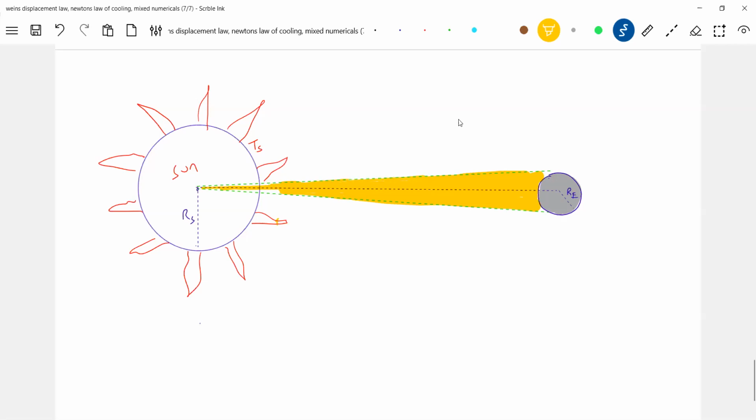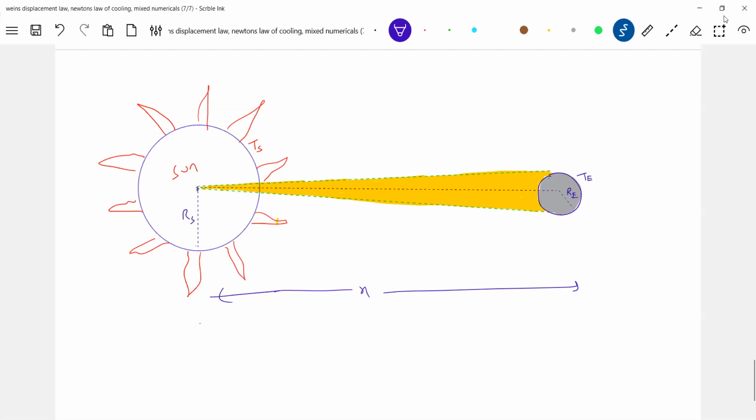Okay, then only the radiation lying in this cone will reach the surface of the earth. Do I agree on this? This is the basic condition. It will give out radiation in all directions. Only a part of radiation which lies in this cone region will reach the surface of the earth. Let X be the distance between. Let me show that here. The temperature of earth, let it be TE.